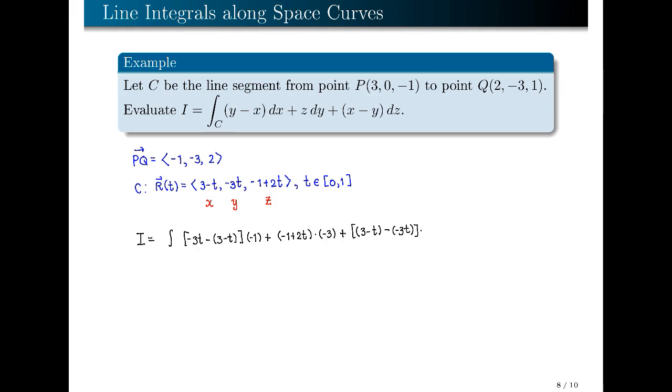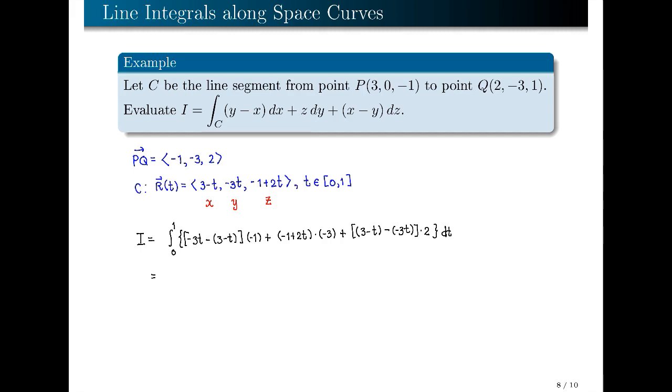So I write here 2, and I multiply everything by dt. Since the value of the parameter t lies in the closed interval 0, 1, then the limits of integration should be 0 and 1. Now, all that remains is to evaluate this definite integral.